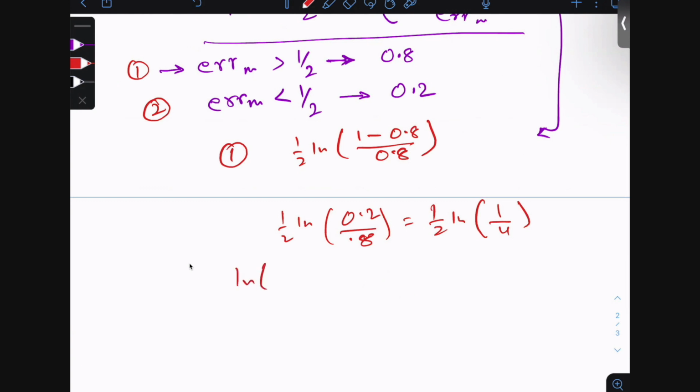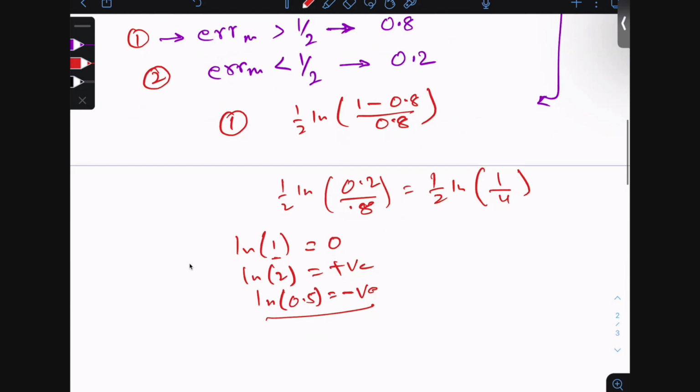What is the log of 1? Log of 1 is considered as 0. Anything which is more than 1, the log of 2 is what? A positive number, right? What is the log of 0.5? It is a negative number, right? So anything less than 1, it becomes negative, correct? This is the property of log. Log of 1 by 4 will be what? It will be a negative number.